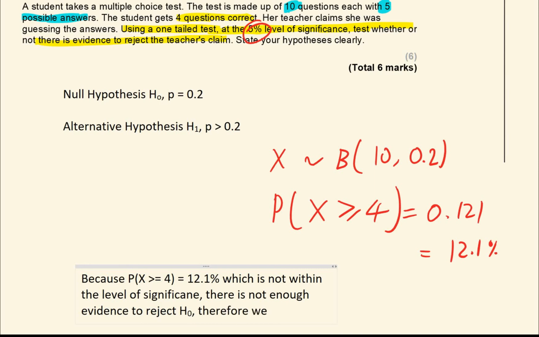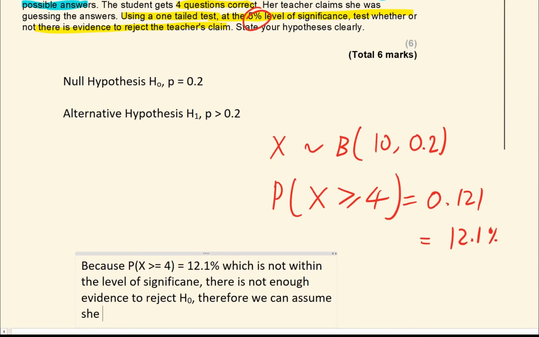Therefore, we can assume the teacher's claim, we can assume she is guessing. Or actually more precise than that, therefore, there is not enough evidence to suggest she is not guessing.